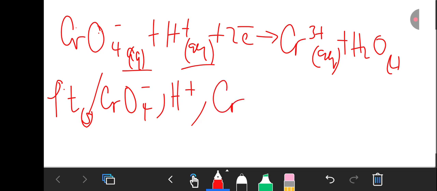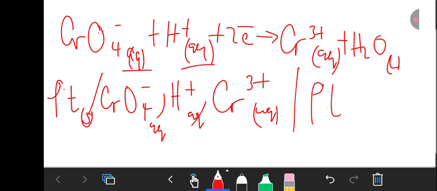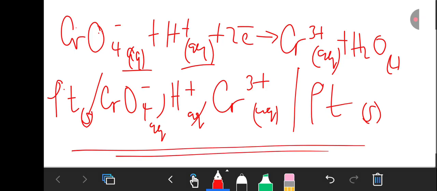Then you write chromium ion, because all these are in aqueous. Then you put another line, then on the other side you have also platinum as an inert electrode. So basically this is how you can write a shorthand notation for this particular reaction.